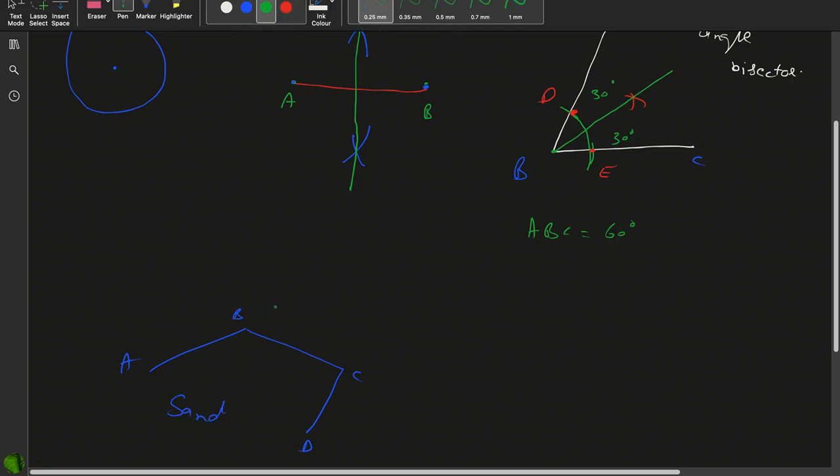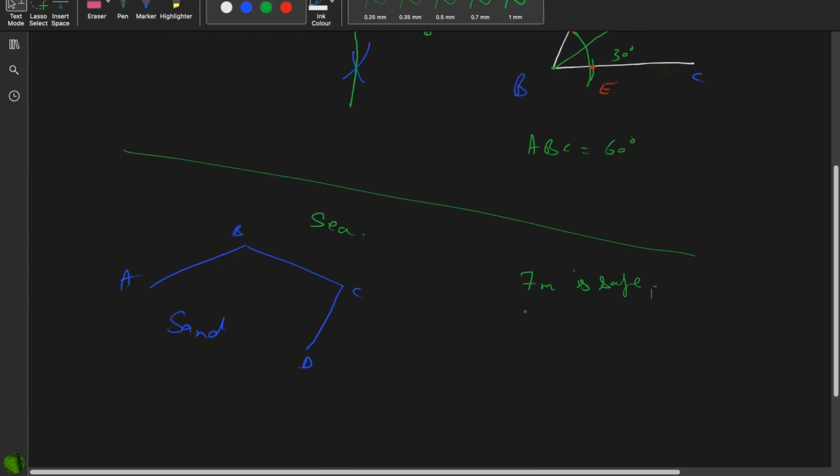On the other side it is water, and we have the instructions that let's say 7 meters is safe. So now we know that this is a locus of 7 meters and we can go into the water which is 7 meters from the coastline.